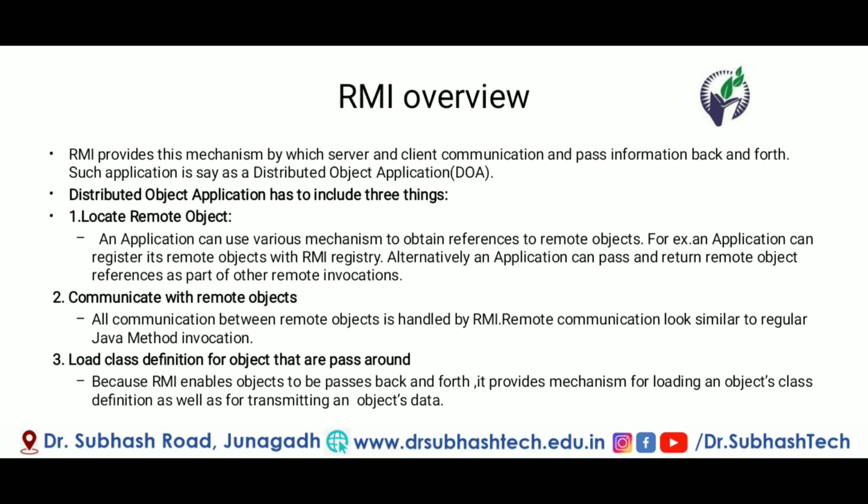You just have to define the class definition which resides at the remote system, and it is loaded from there. So these three basic things are performed in any distributed object application, and they must be performed in the application.